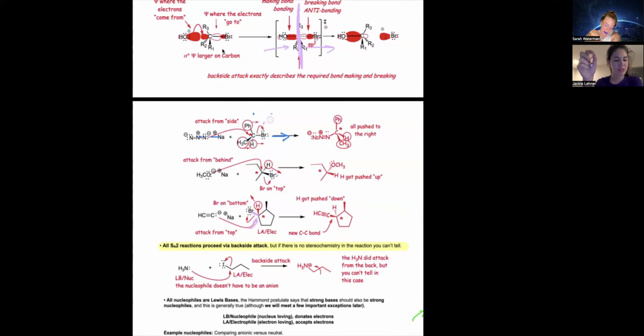So then this is an instance where it's backside attack. And so now the new substituent is in plane and then everything else shifts around. It just gets shifted forward, but it doesn't necessarily change the orientation, right?